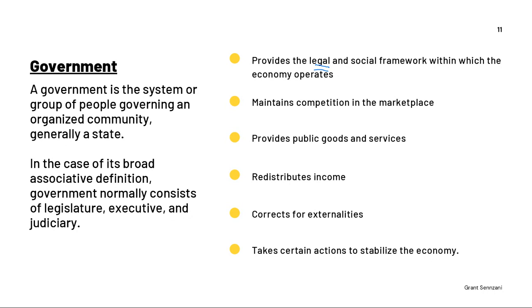The next is public goods and services, which we know to be things like your lights outside, your park. Those are free public goods that we get to enjoy. It also redistributes income, and this is done through things like taxes, where they take from those who pay tax to give to those who might not pay as much tax.